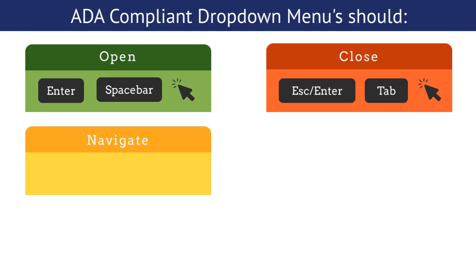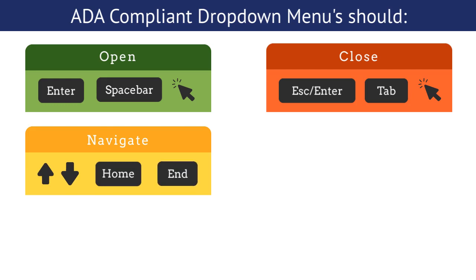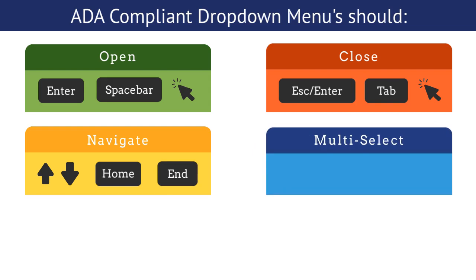Third, a user should be able to navigate using up or down arrow keys, plus using the Home key to take the user to the first option within the list and pressing the End key to take the user to the last option. Fourth, for the multi-select dropdown, a user should be able to select multiple options without using a modifier key such as Shift or Control.